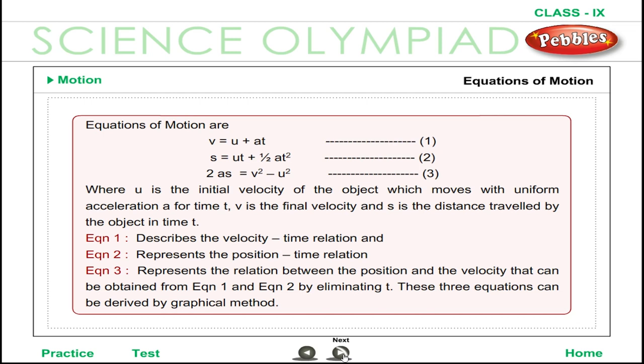Equation 1 describes the velocity-time relation and equation 2 represents the position-time relation. Equation 3 represents the relation between the position and the velocity that can be obtained from equation 1 and equation 2 by eliminating t. These three equations can be derived by graphical method.